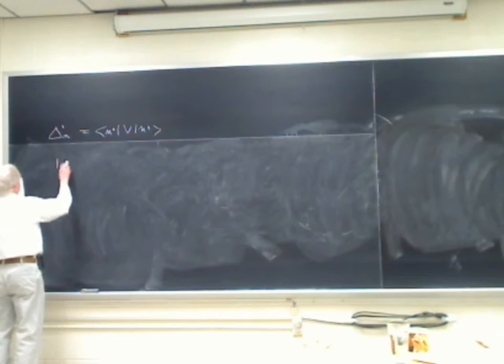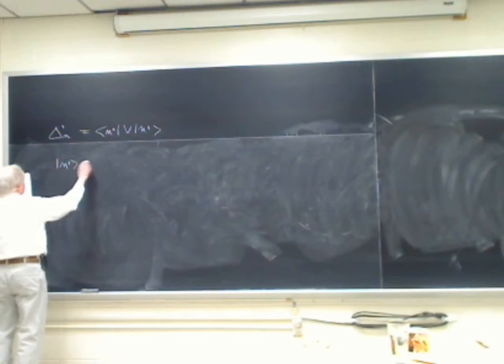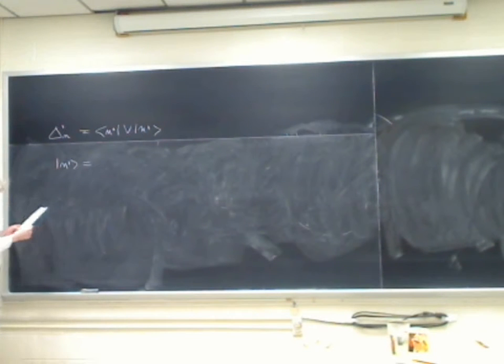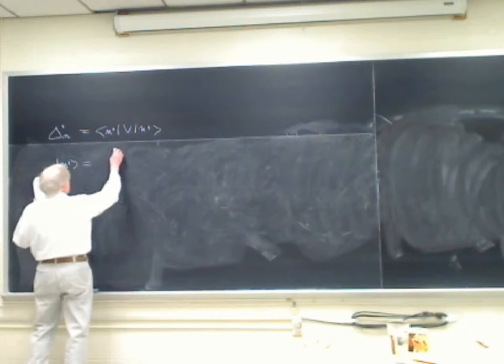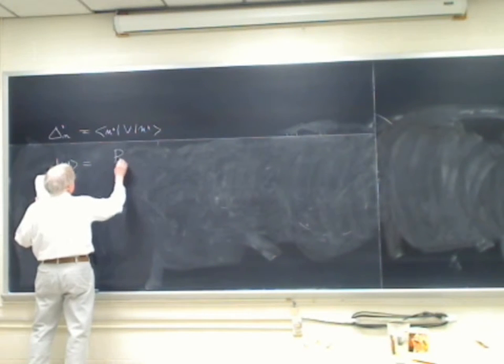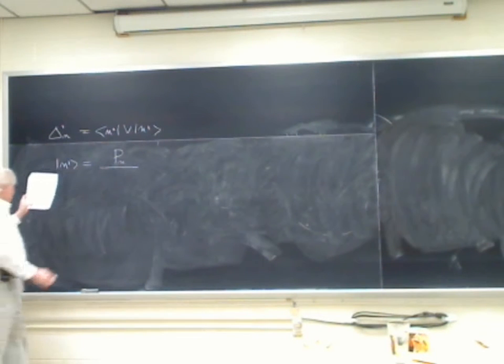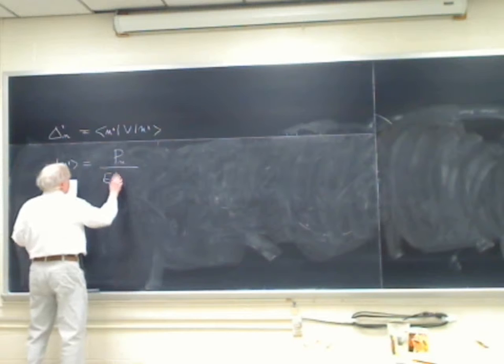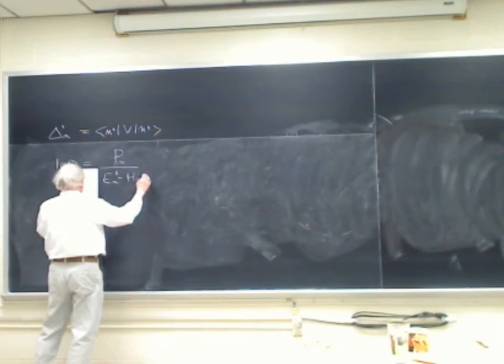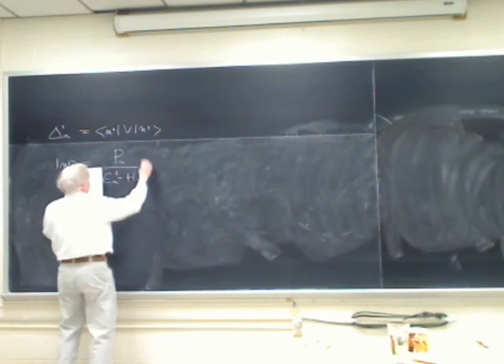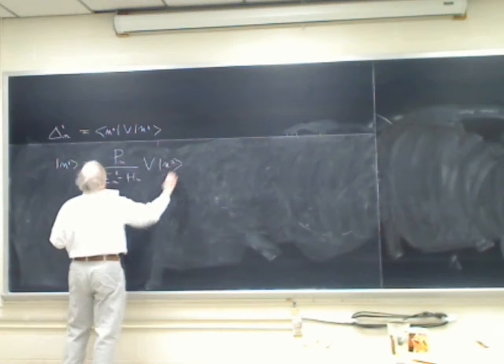And the first order correction to the state is a projection operator that projects onto everything except n0, divided by En0 minus H0, times the potential times n0.